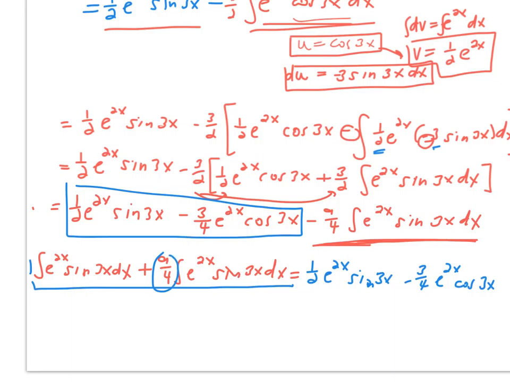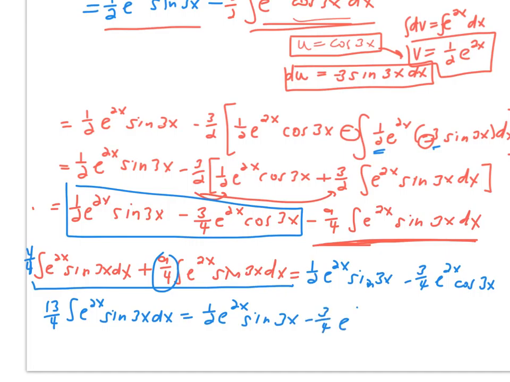So 1 plus 9/4, we'll convert this to 4/4. So you can add them together, and that'll give us 13/4 times the antiderivative of e to the 2x sine of 3x dx is equal to 1/2 e to the 2x sine of 3x minus 3/4 e to the 2x cosine 3x.